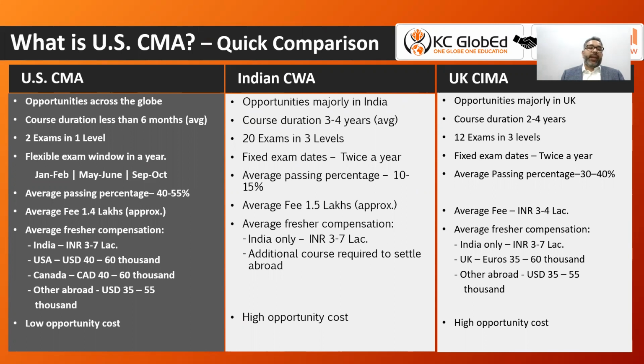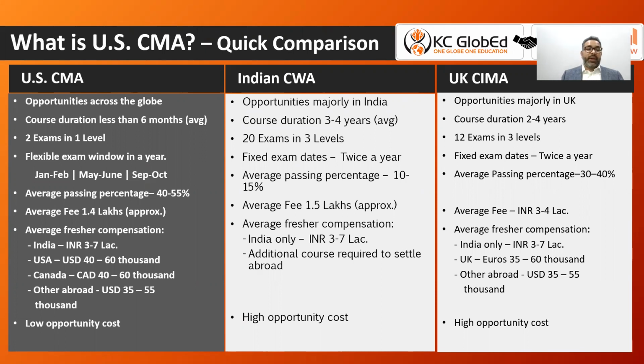And in future, if you're planning to settle in the US or Canada, then the starting package of US CMA in the US market is in a range of 40,000 to 60,000 US dollars, and in Canada also 40,000 to 60,000 Canadian dollars. And abroad, that means Australia, Europe, Middle East, on an average $35,000 to $55,000 is a fresher starting package of US CMA.